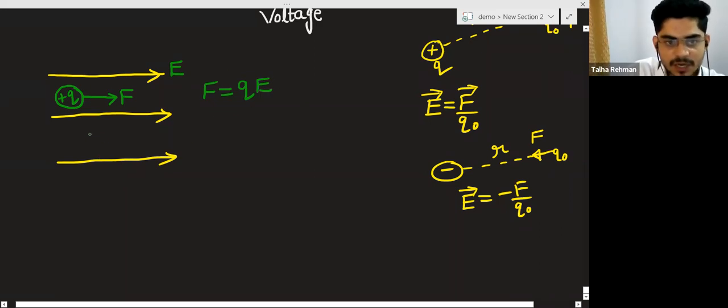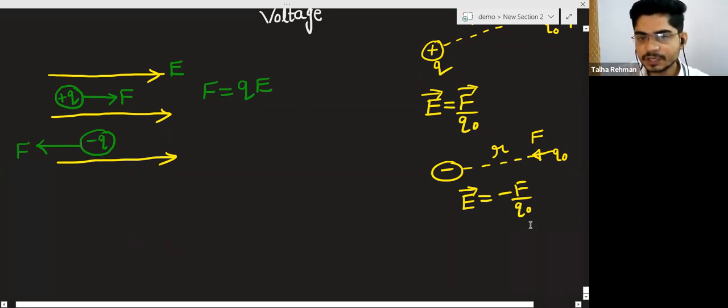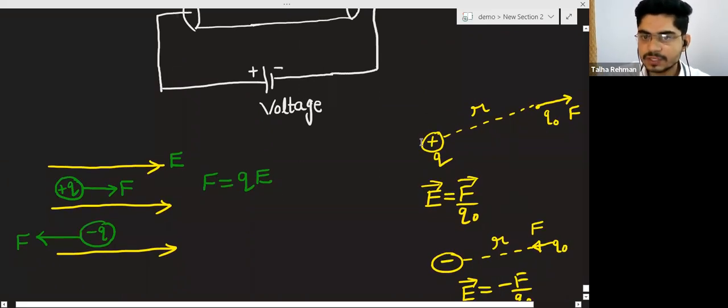If you have placed a negative charge, in this case, what will happen? This charge will experience the force, but in the opposite direction of the electric field. This is happening due to this. If you can relate this, then it's good.